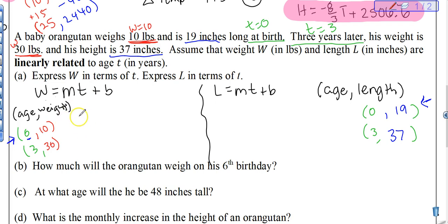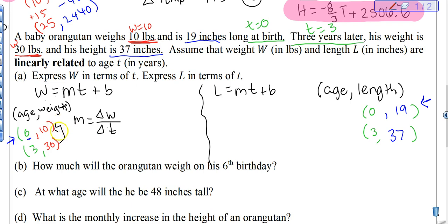Our slope is our change in weight over our change in age. W and T. I'm going to clean that up because that looks terrible. Right, our change in weight over our change in time. So what's our weight change?